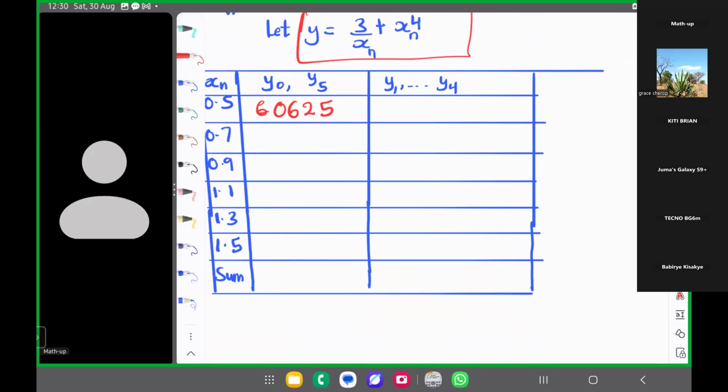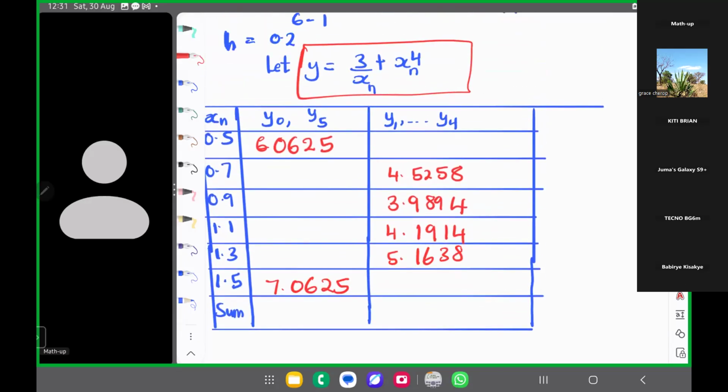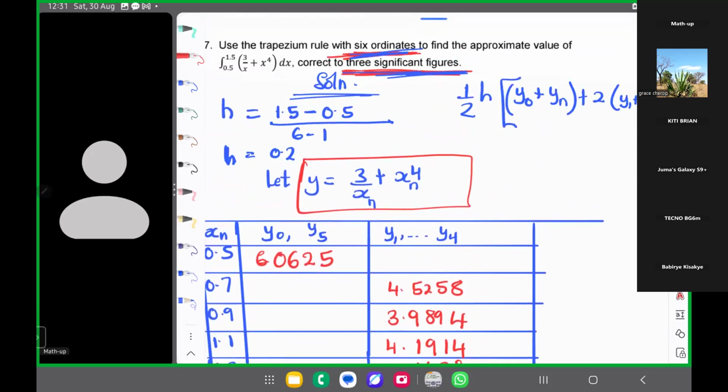Then what's the y1 value? y1 is 4.5258. Then y2? 3.9894. y3, 4.1914. Then y4, 5.1638. And lastly y5 is 7.0625. We are writing them separately because of the way our formula is, just for convenience.